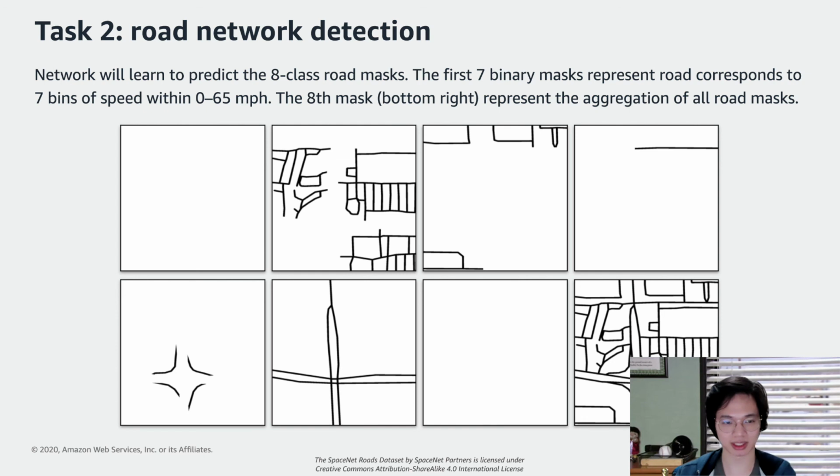For example, the first one corresponds to the slowest one, from 0 to 10 miles per hour, and vice versa. The last one will be any speed over 60 miles per hour. The 8th mask, the bottom right one, represents the aggregation of all road masks. So this converts our problem of trying to predict road speed to a multi-class binary segmentation problem. This is more suitable for a deep learning model.